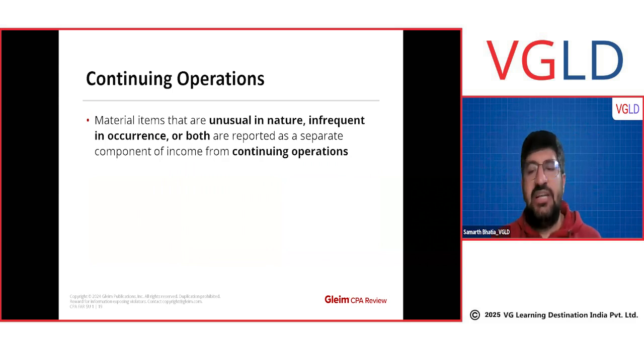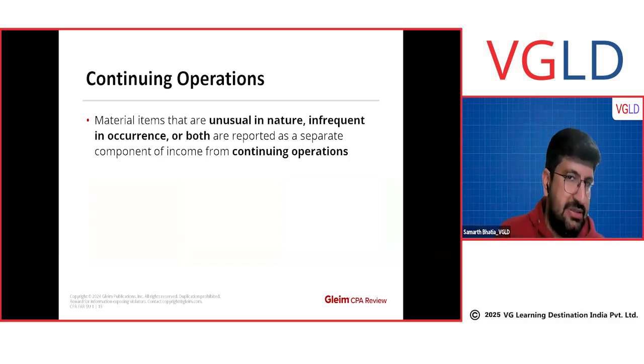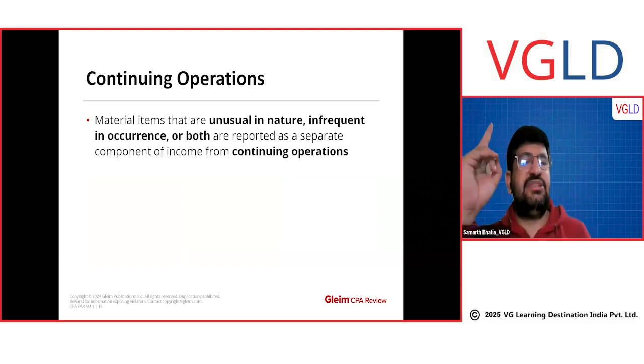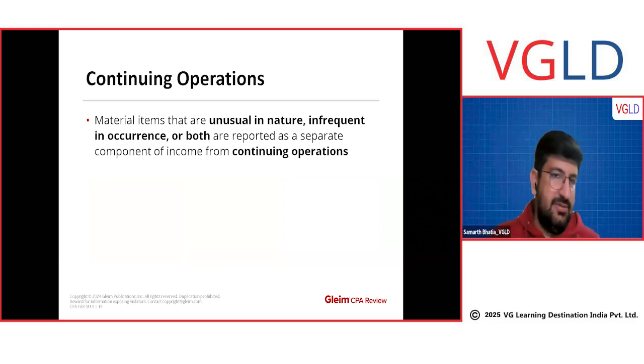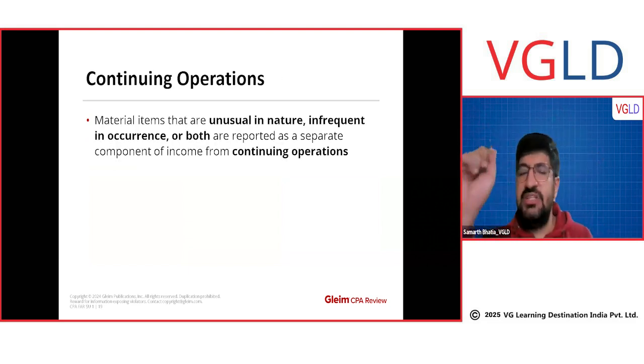The next we have is continuing operations. So what is the point of continuing operations? There are two types of operations, continuing and discontinued. First I'm discussing the continuing operations.